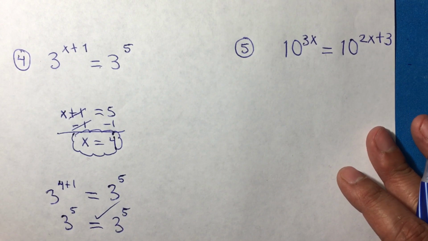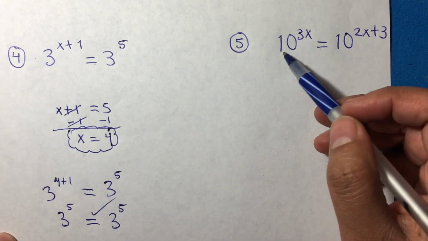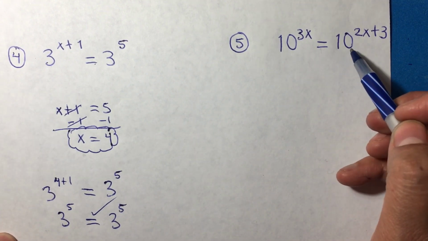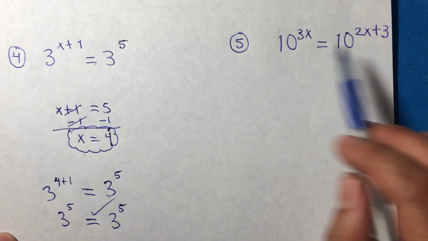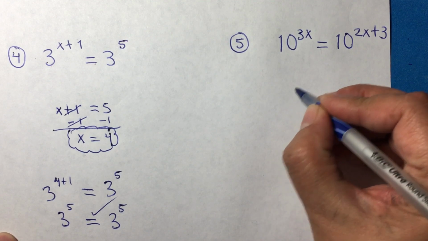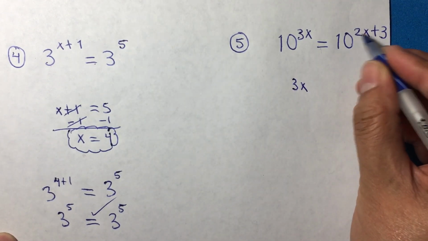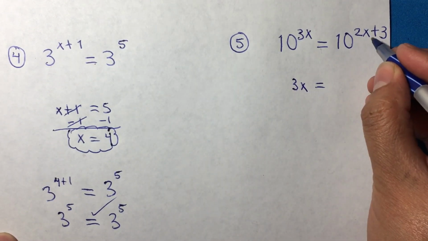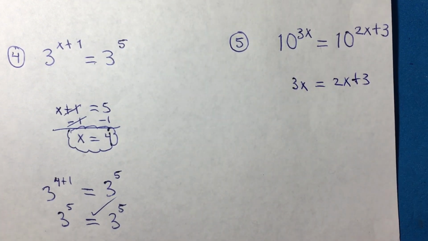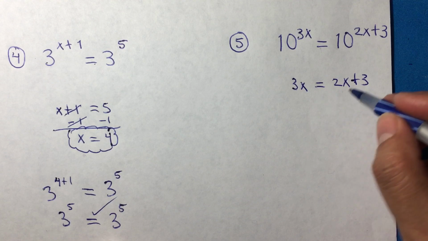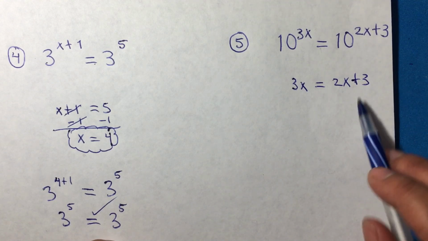Okay, for number 5, again, we already have the same base. So all we have to do is create an equation with the 2 exponents. So we have 3x equals 2x plus 3. In here, we have x on both sides, so we have to cancel one.